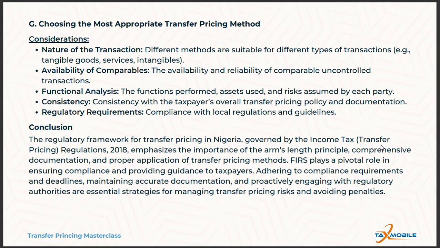So through these case studies, we have seen how different factors guide the decision to use one method over another. So each method plays a critical role in ensuring that multinational enterprises achieve compliance by aligning their transfer pricing practices with both global and local standards.